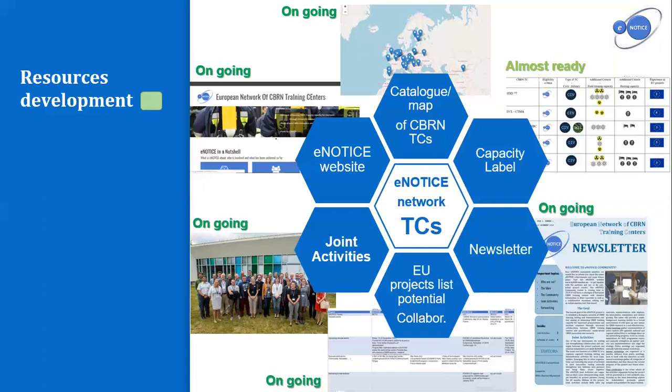And then, of course, maybe the most important activity and resource for the eNOTICE network, the joint activities. Joint activities allow us to meet all the eNOTICE project partners, but also the members of the network.